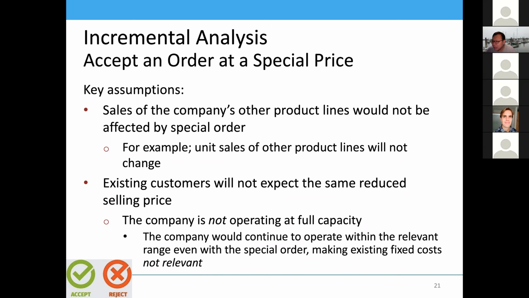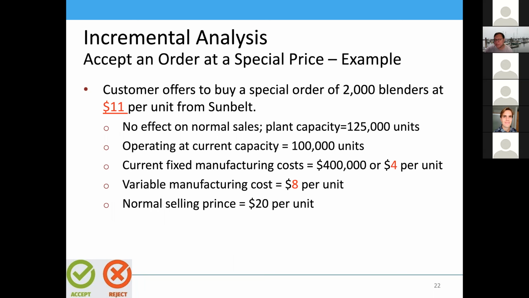I don't need to rent an additional machine. I don't need to find more supervisors. With my current capacity, I'm able to handle this additional special order. So those are the key assumptions.